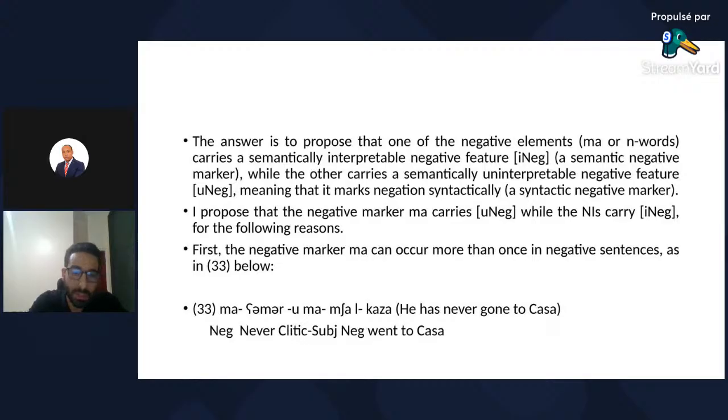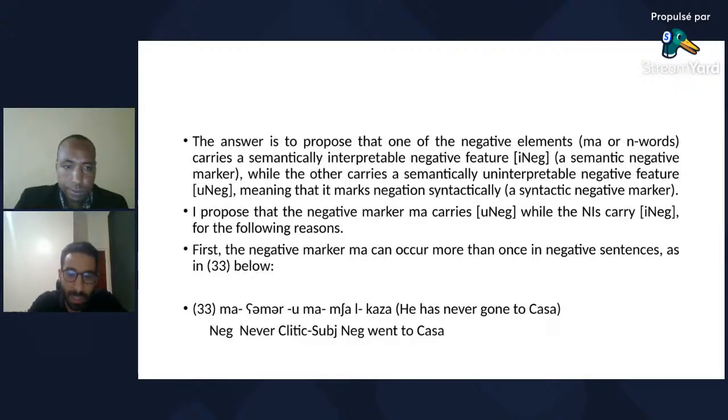The answer is to propose that one of the negative elements, ma or n words, carries a semantically interpretable negative feature, a semantic negative marker, while the other carries a semantically uninterpretable negative feature, meaning that it marks negation syntactically, which is a syntactic marker. I propose that the negative marker ma is not semantically negative, okay?